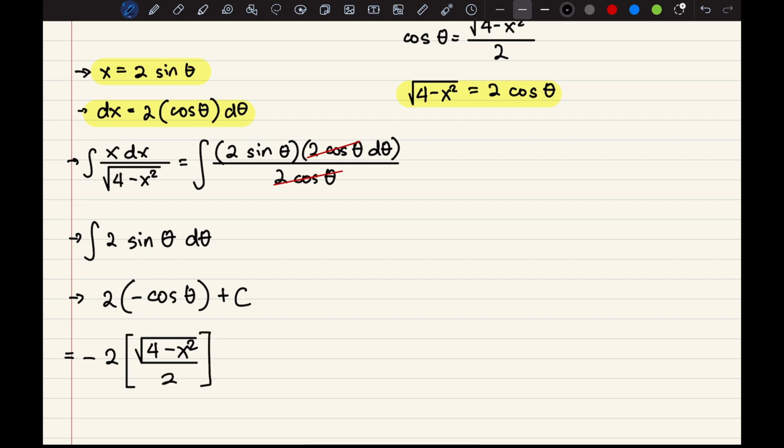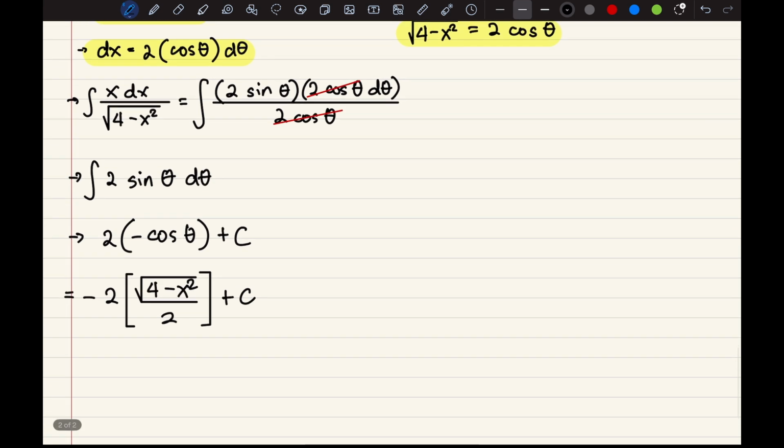And then we have the constant of integration plus c. And the 2 will cancel each other out. Therefore, our final integral will be equal to negative square root of 4 minus x squared plus c. This is now our final answer.